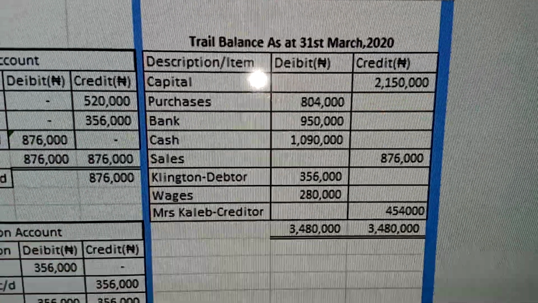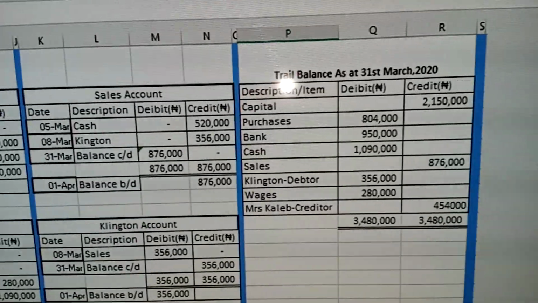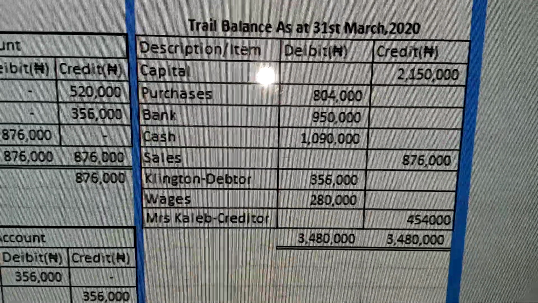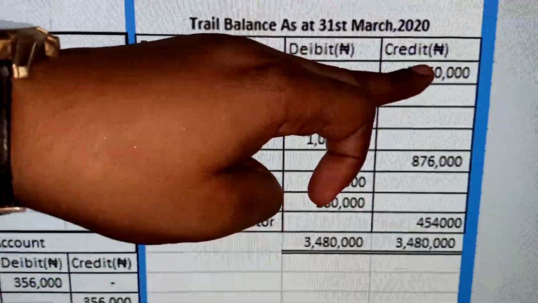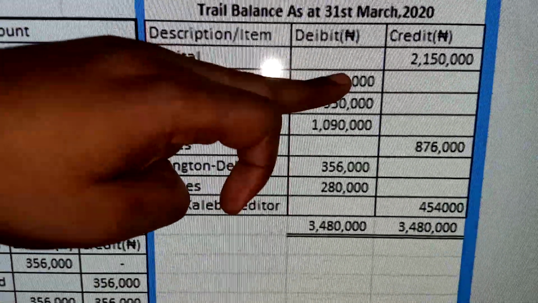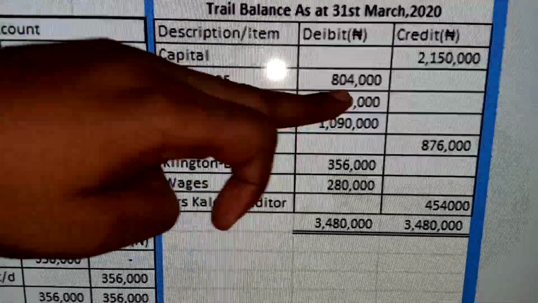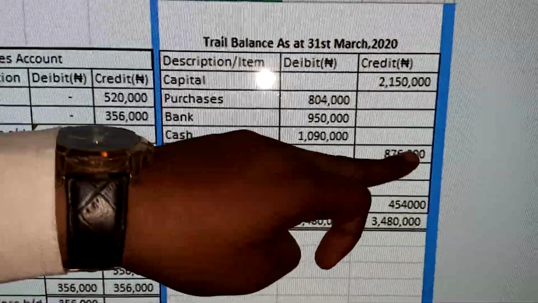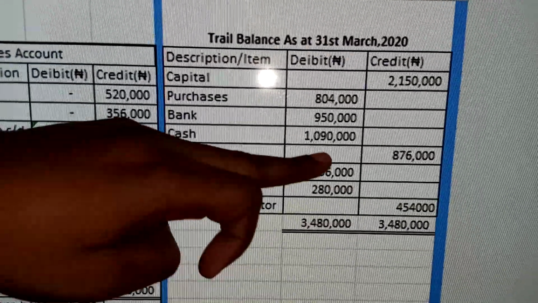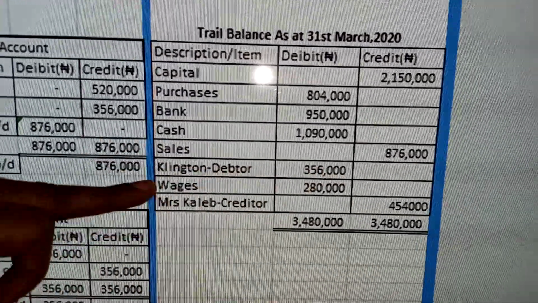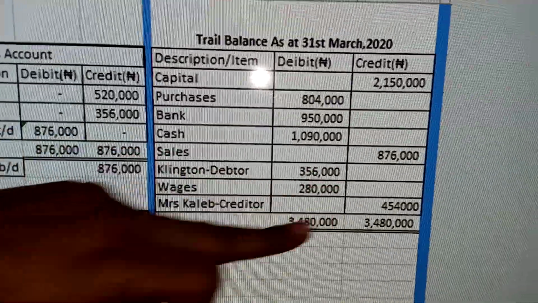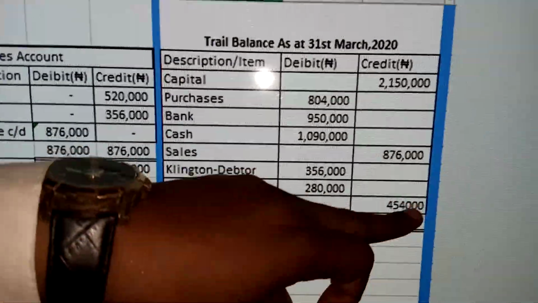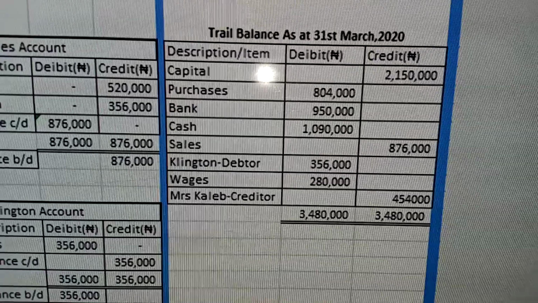So by virtue of the ledgers that we prepared from this transaction, capital has a credit balance, purchases has what? A debit balance, bank has a debit balance, cash has a debit balance, sales has a credit balance. Clinton has a debit balance. Wages has a debit balance. Caleb has a credit balance.